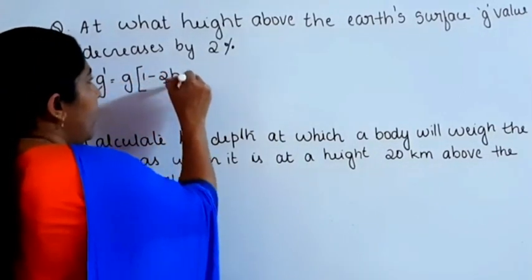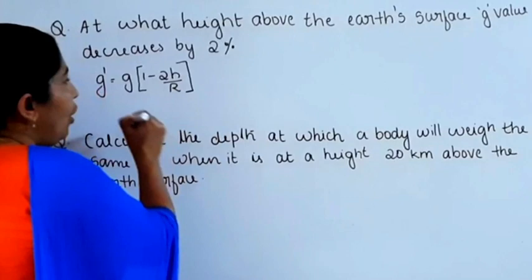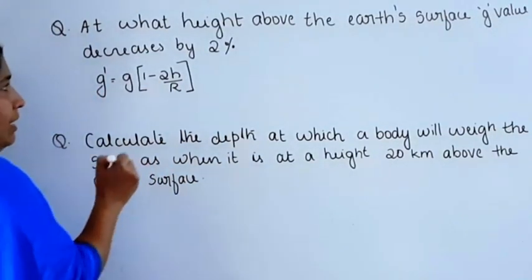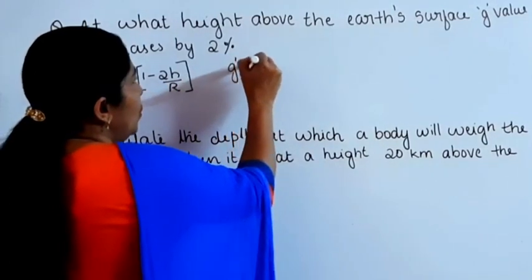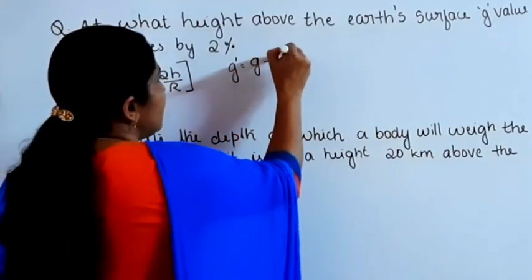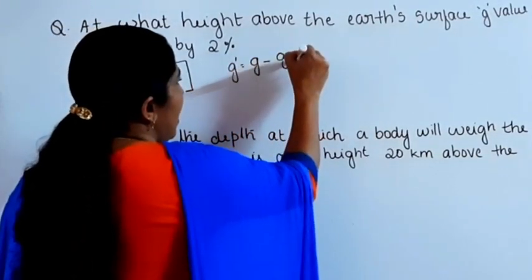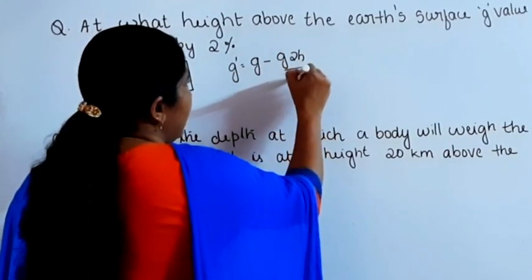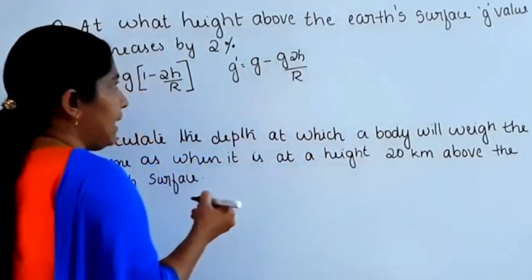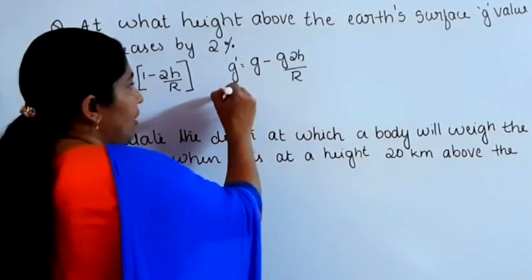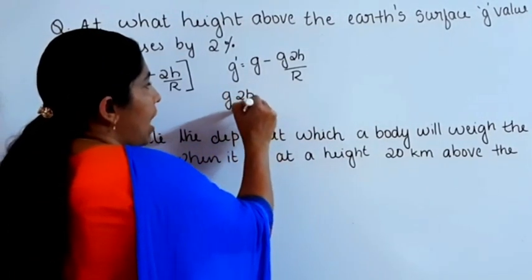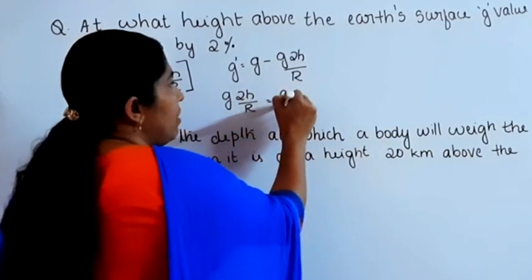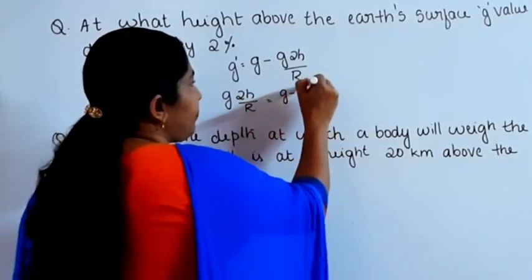Then on rearranging this equation, g dash is equal to g minus g into 2h by r. Expanding, the equation is written like this. From here we can write g into 2h divided by r, which is equal to g minus g dash.